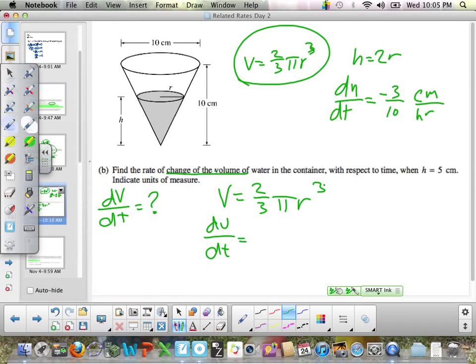Power rule, 3 times 2/3 is 2 pi r squared. Since it's not with respect to r, we need a dr dt. And now we'll plug in what we know and we don't know. We know that h equals 5. If h equals 5, r equals 2.5.